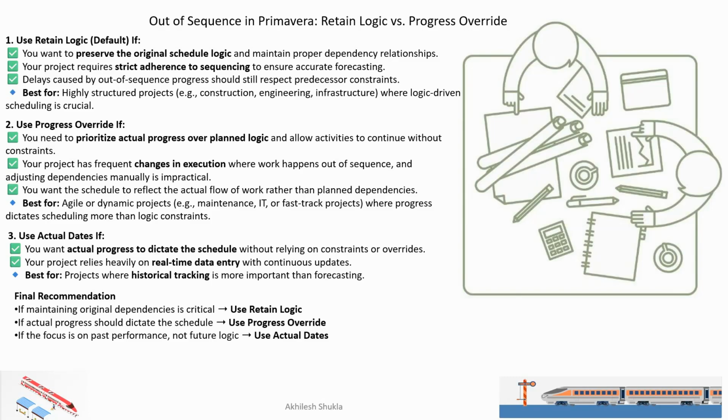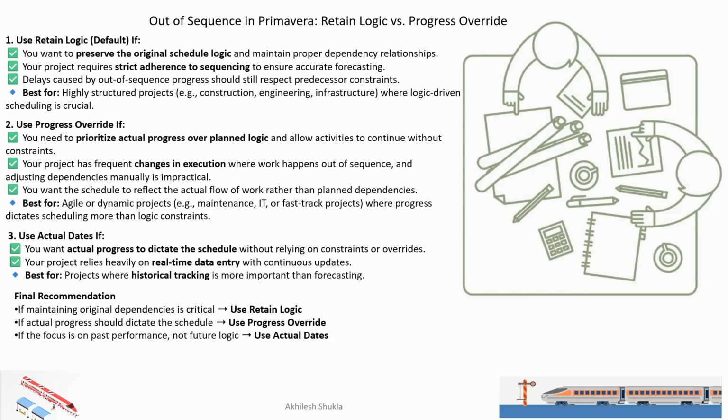Final recommendation from my side: if maintaining the original dependency is critical, use retain logic. Basically, every contractor uses retain logic for the extension of time. If actual progress should dictate the schedule, use progress override. Sometimes we use progress override if, with the retain logic relationship, the time duration is coming more, so we use progress override to show the lesser delay if it is a contractor delay.